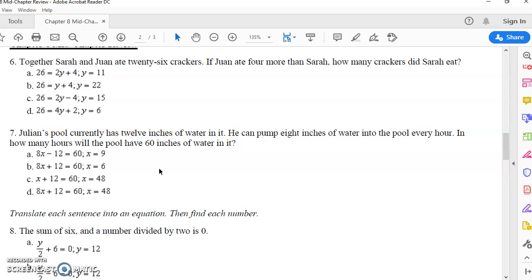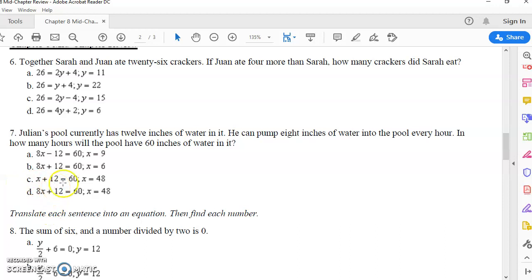So we can eliminate C. So now we got to work with answer choice B as in boy and D as in dog. Even though B and D are the correct equations for this particular word problem, D is not solved correctly. They're missing a step for D. So the correct answer choice for number 7 is B as in boy.